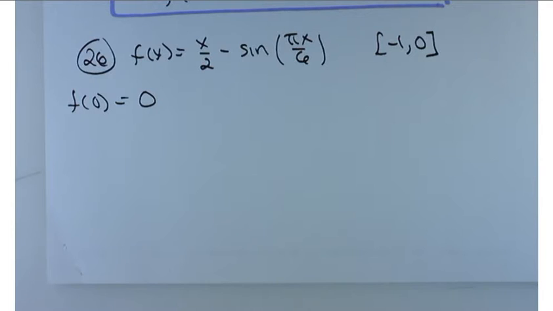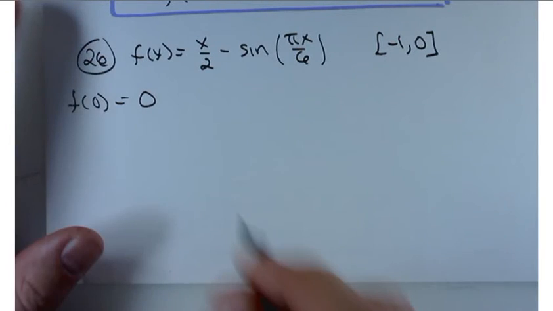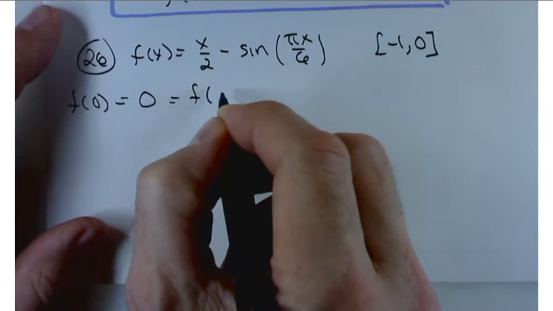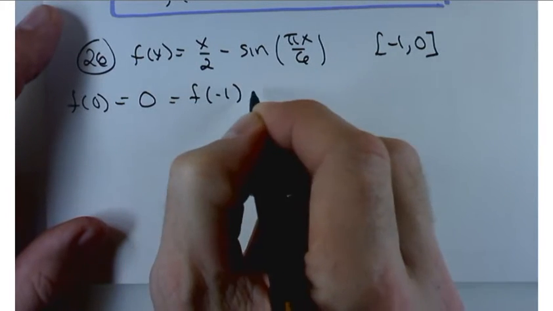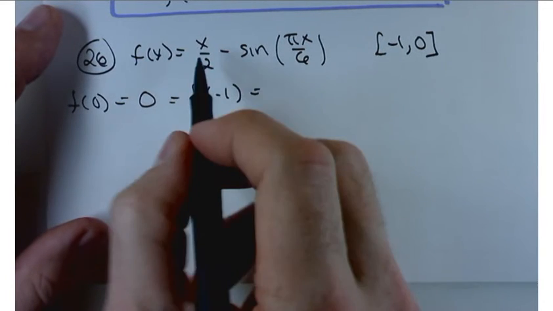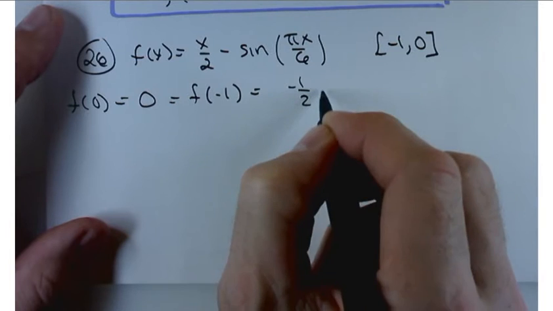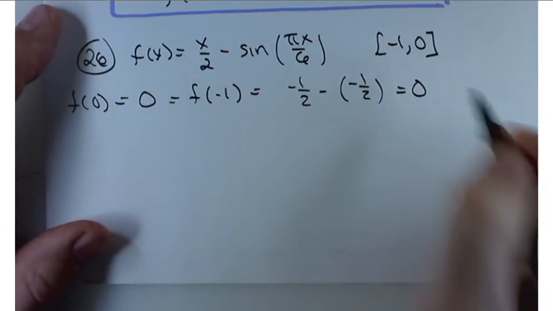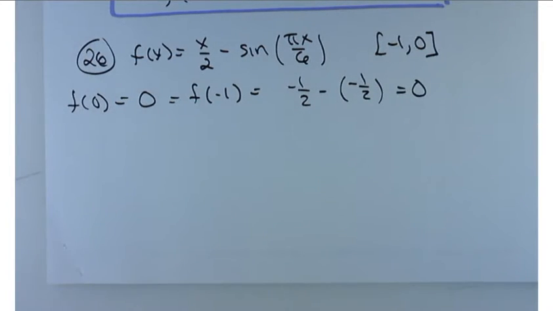And interestingly enough, f of -1. If I put in -1, I'll get -1/2 minus sine of negative pi over 6, which is -1/2. That double negative becomes a positive, and I get 0 again. So Rolle's theorem is satisfied. The endpoints are equal.